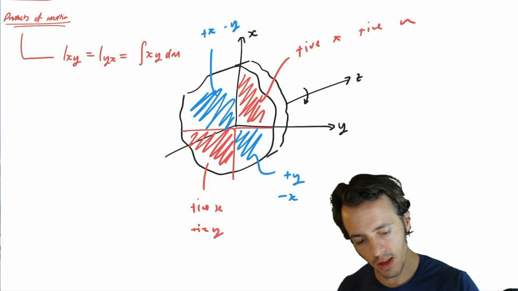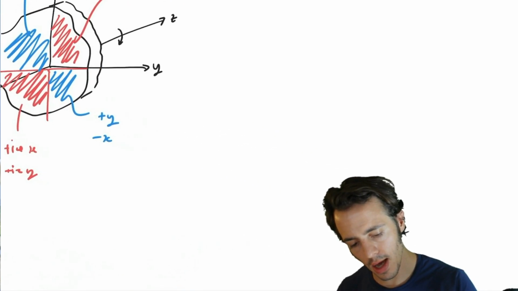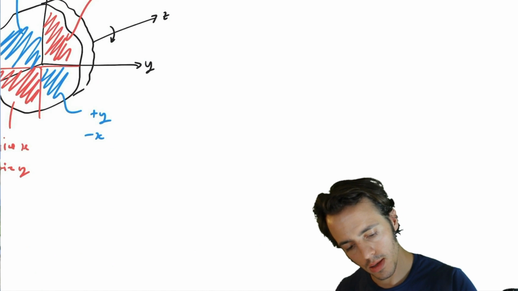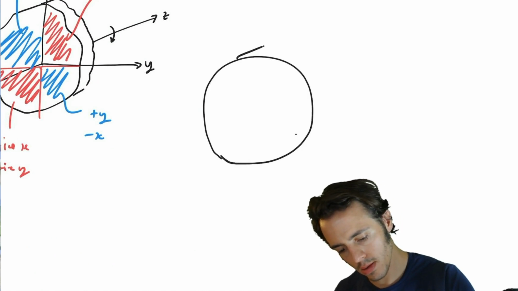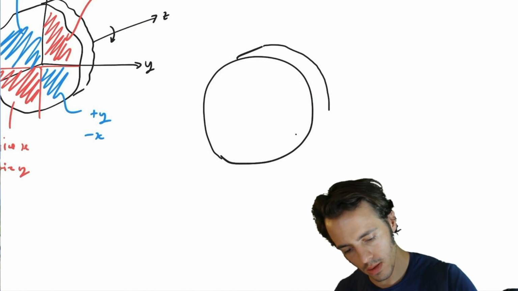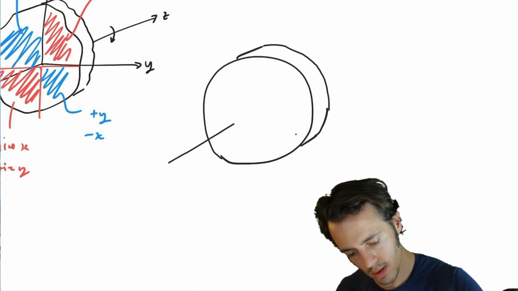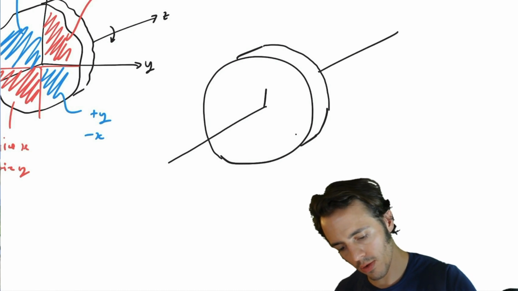If I had a perfectly symmetric body, let's say I've got a perfect circle, and my axis goes straight through the center.